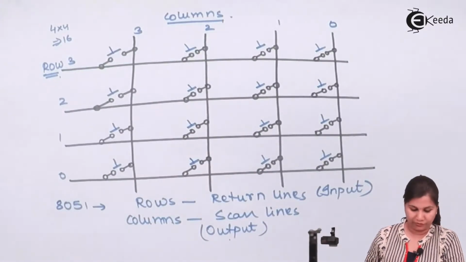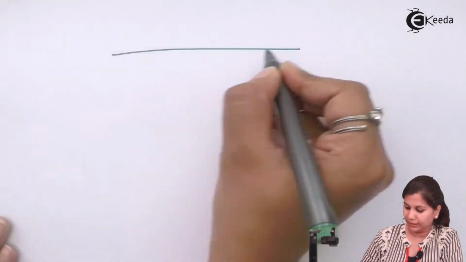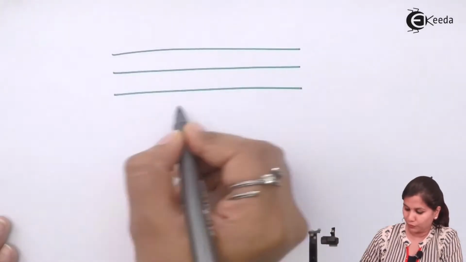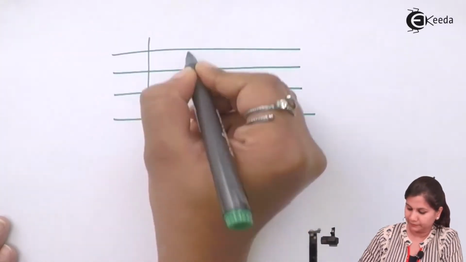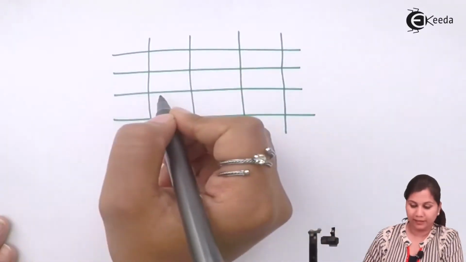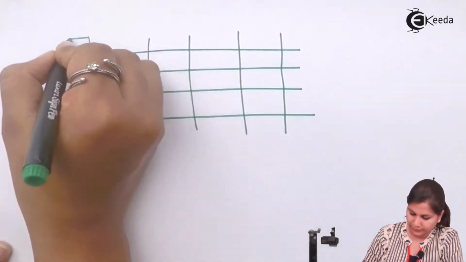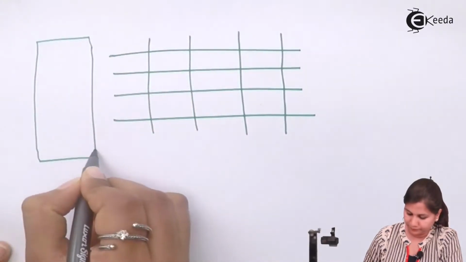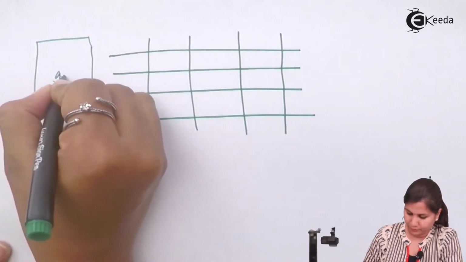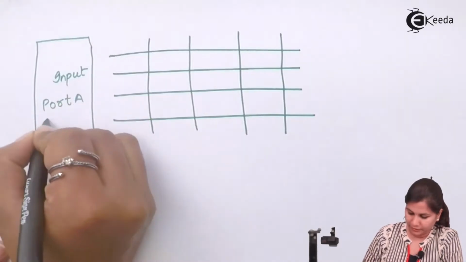If we see the connection here, again we have the 4 cross 4 matrix. Keys will be present here. The rows are connected with input port A, the return lines.